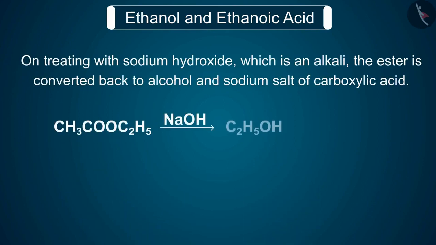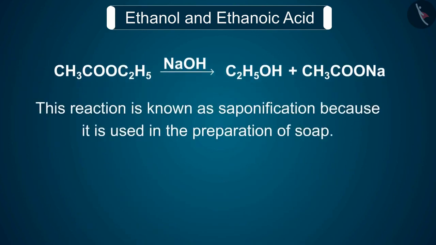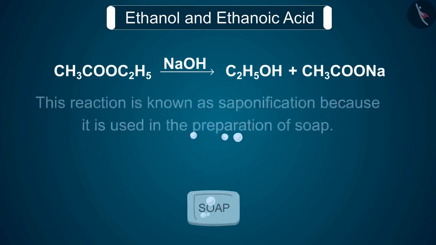On treating with sodium hydroxide, which is an alkali, the ester is converted back to alcohol and sodium salt of carboxylic acid. This reaction is known as saponification because it is used in the preparation of soap.